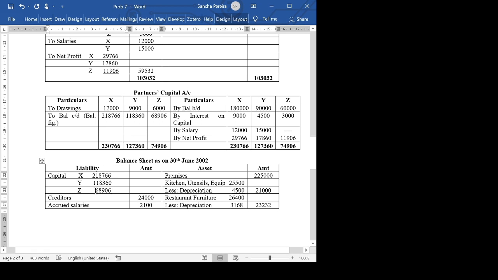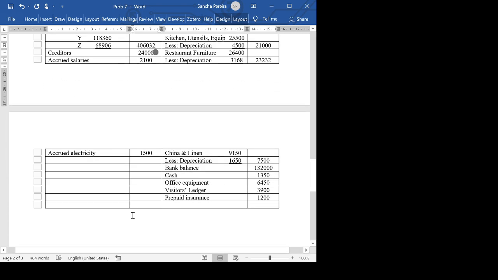The total of this comes to 218,766 plus 118,360 plus 68,906, and we get 406,032.